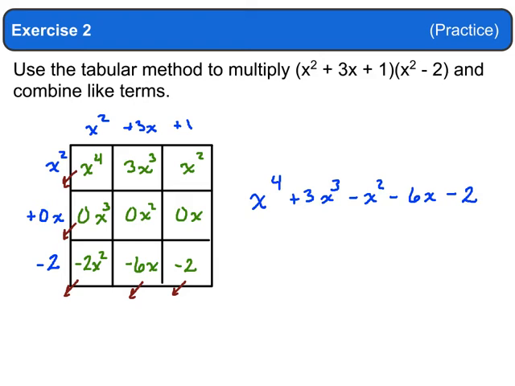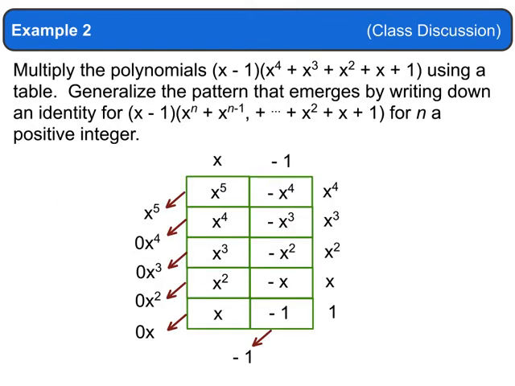Next up in this lesson is example number 2. And again, this is already a preset piece for us, so we're just going to kind of model it and look at it and see what's happening. In this case, we have a situation where we have x minus 1 multiplied to x to the fourth plus x to the third plus x squared plus x plus 1, and it wants to generalize the pattern.